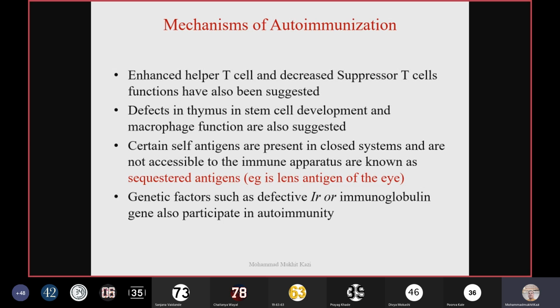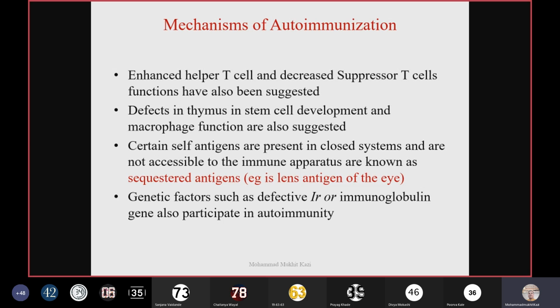But because we have gone through some ophthalmic surgeries, they are now exposed to the circulating system, and the immune cells recognize them as non-self and start damaging the lens antigens. This is one example.